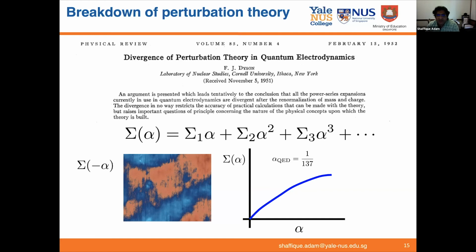So the system has an instability for negative alpha. Then you can use the rules of series expansion to show that if it's not analytic at 0, then the series must break down. You can estimate that it breaks down at 137th order of perturbation theory.